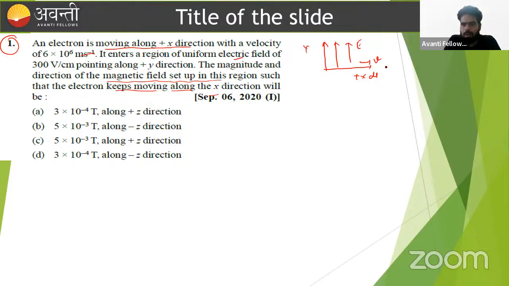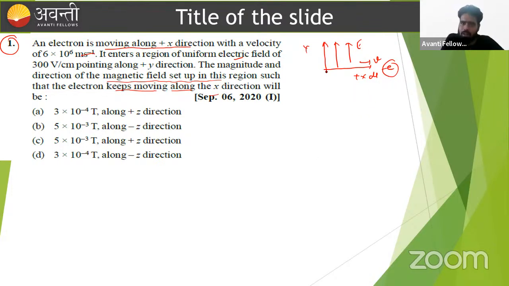We have to keep in mind that an electron is not a positive charge. If this were a positive charge, the force would be in the direction of the electric field.